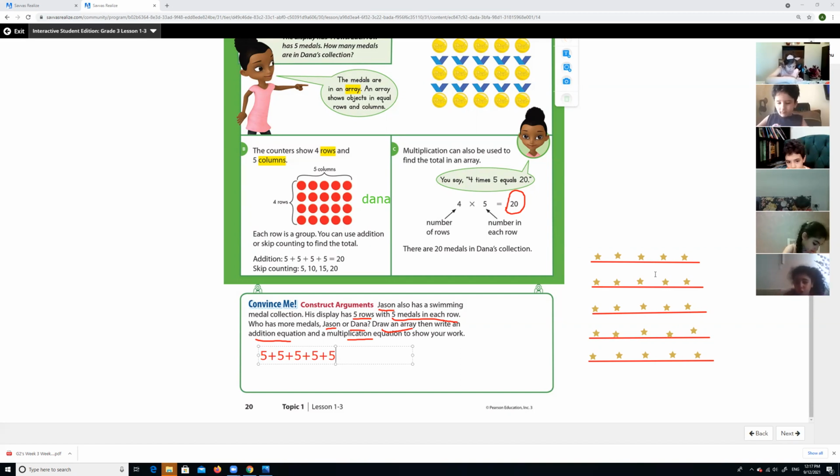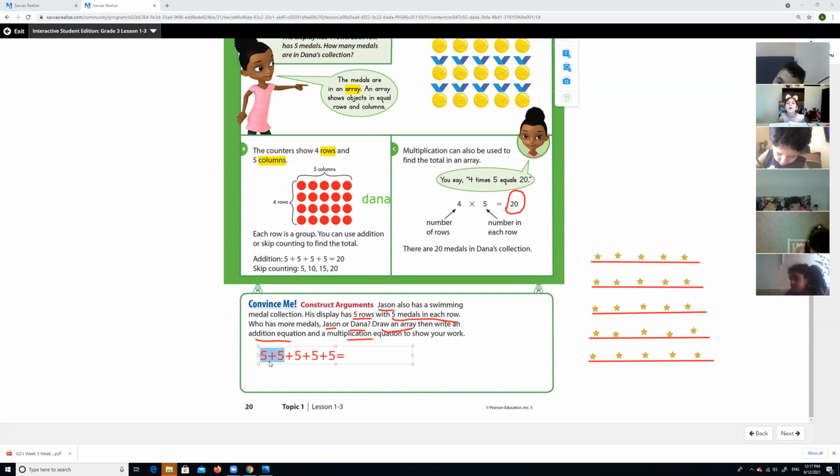Excellent. I will write 5 for each row, and I have 5 rows. So 5 plus 5, 10. And again 5 plus 5, 10. So 10 plus 10 equal 20. And I have extra 5, so it's 25. Now I wrote addition equation.